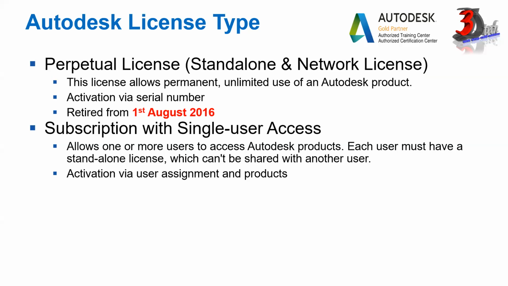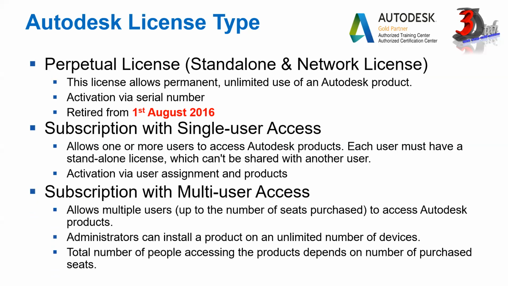The next thing is the subscription with multi-user access. The concept of subscription with multi-user access is similar to the perpetual network license. Again, it's stored in your server, and it allows multiple users to access Autodesk product. So administrators, you can install a product on an unlimited number of devices, and the total number of people accessing the products depends on the number of purchases.